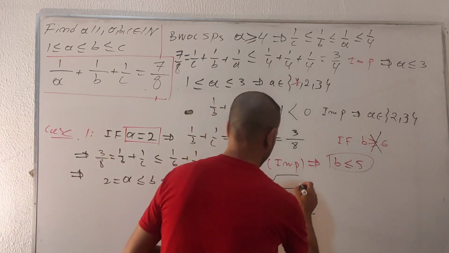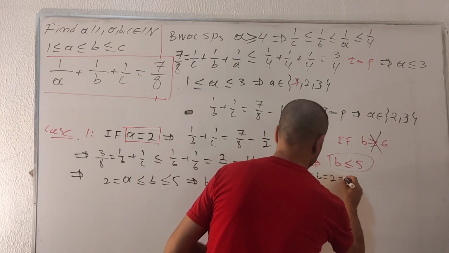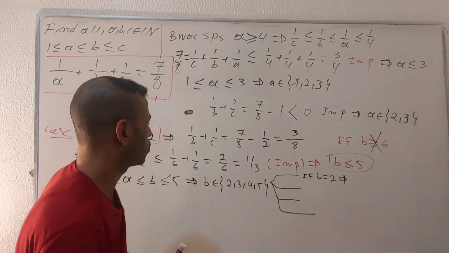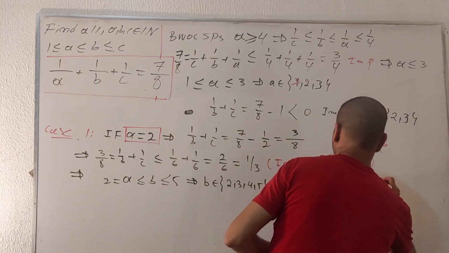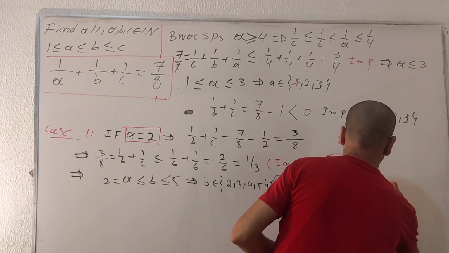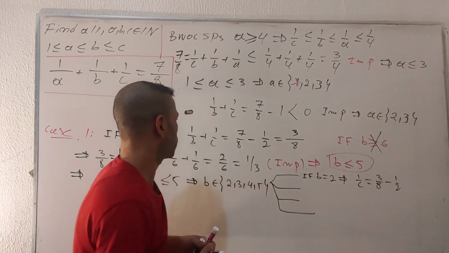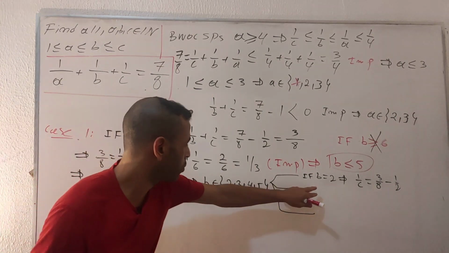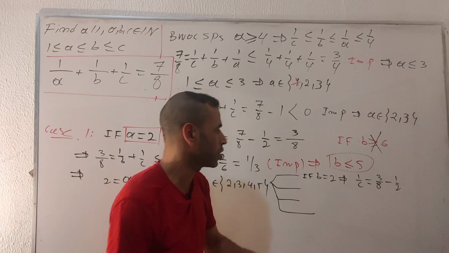So if b equals 2, this one is telling us 1 over c equals 3 over 8 minus 1 over 2. I'm simply replacing b with number 2 here, then taking this value to the right and calculating this fraction.